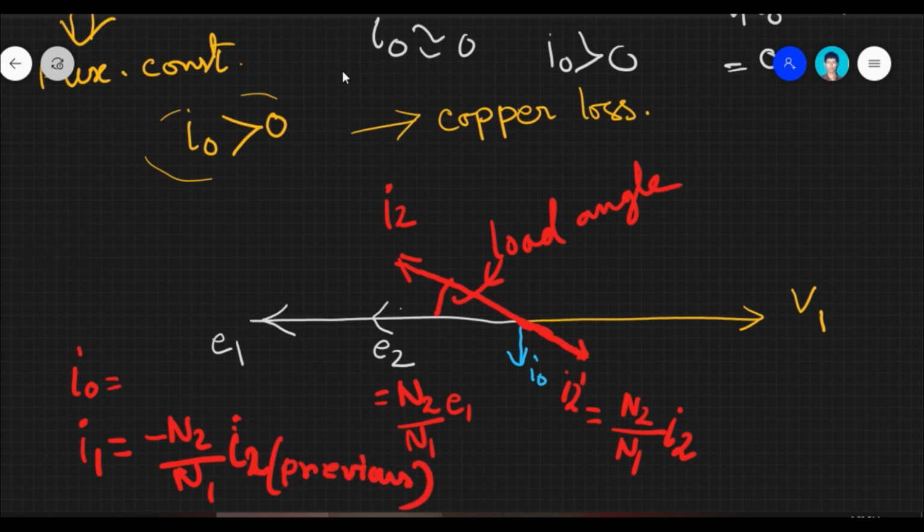But now what is happening here? If you want to find it out, you have to add this I naught with this. And how can we add that? Very simple. From the tip of this I2 dash, we have to draw a line that is parallel to the line of I naught.